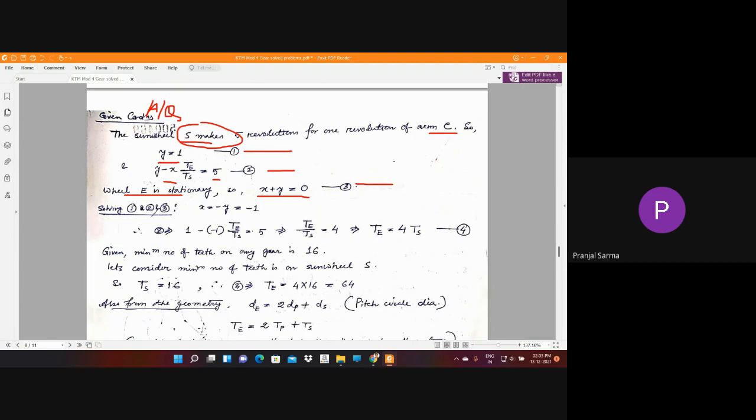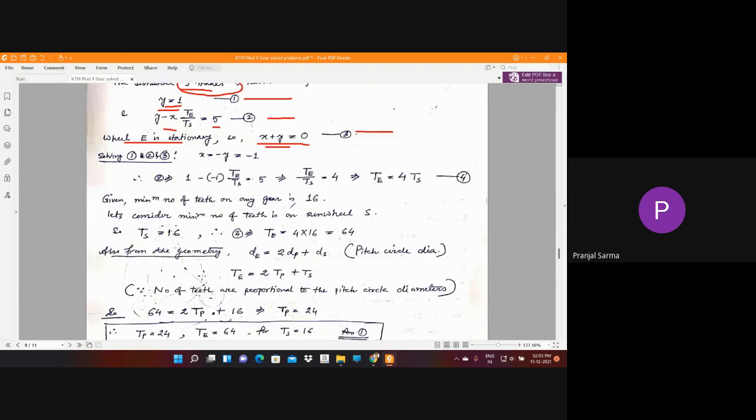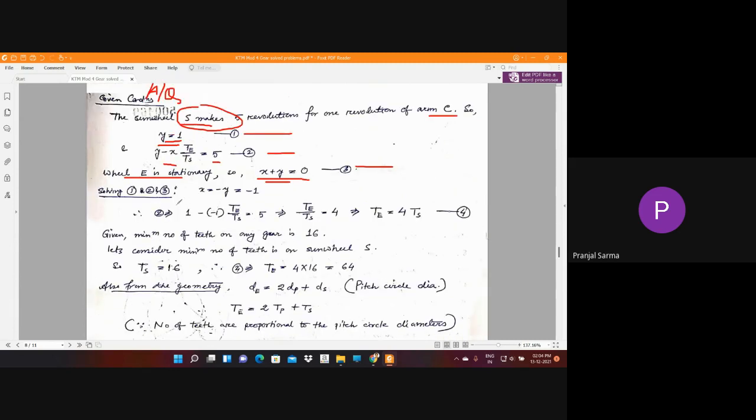By solving, we get x equal to minus y, and y equal to 1 is already there, so x equals minus 1 and y equals 1. Now if we put these values in equation number 2 and solve, we obtain the relationship T equals 4 times TS.